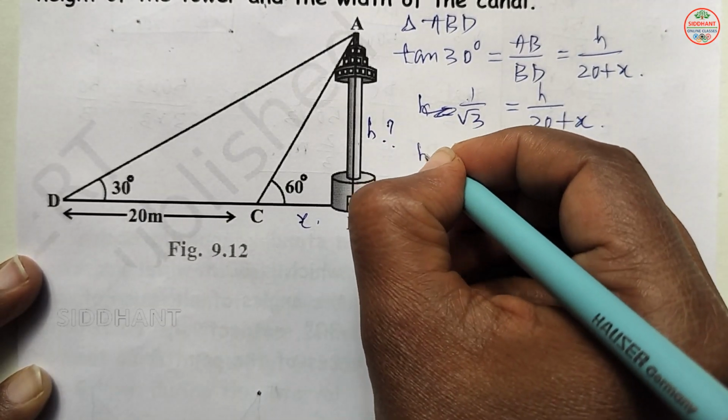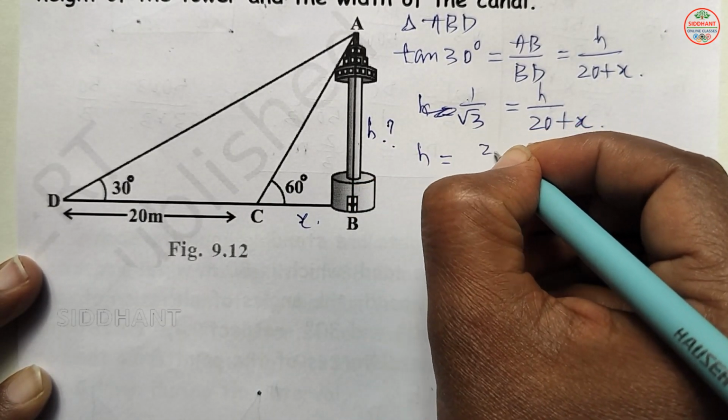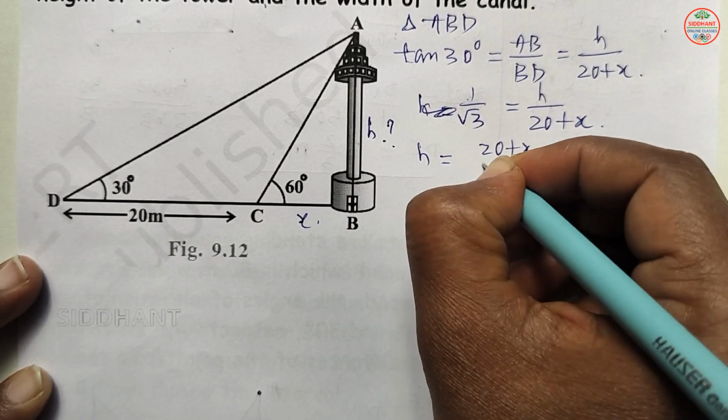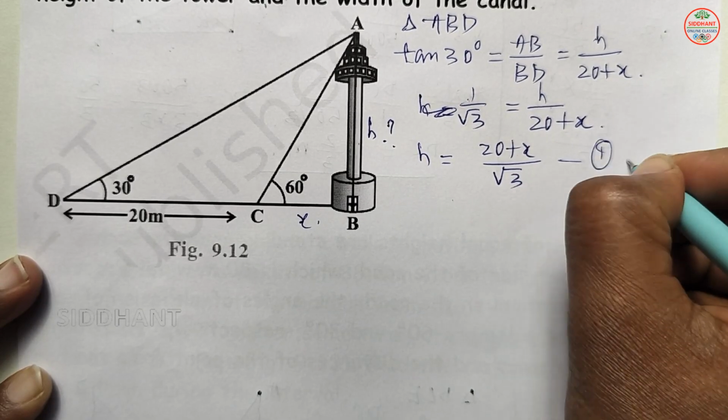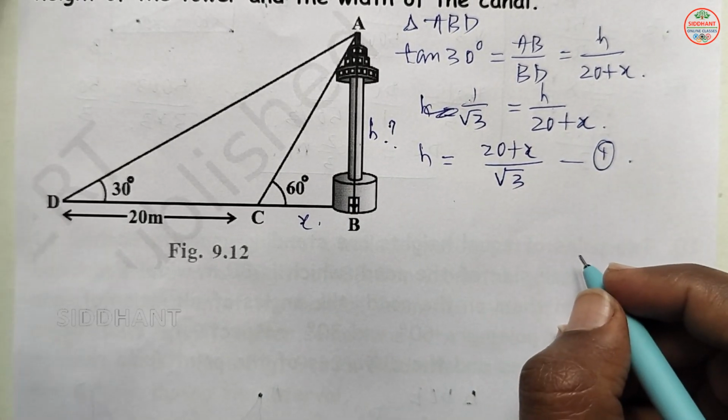Then H equals (20 plus X) by root 3. So this is equation 1.